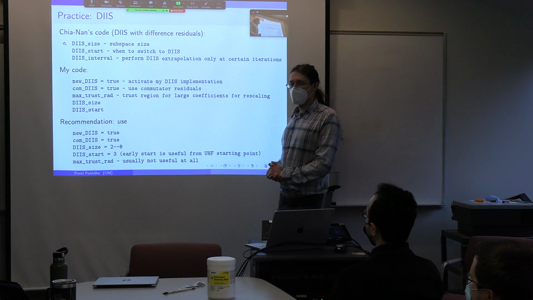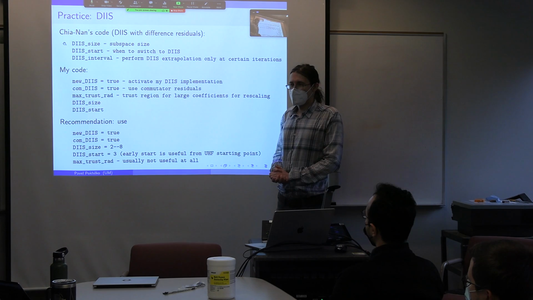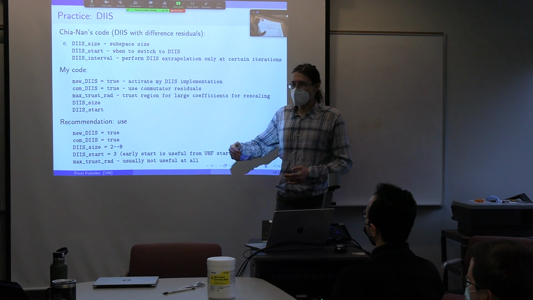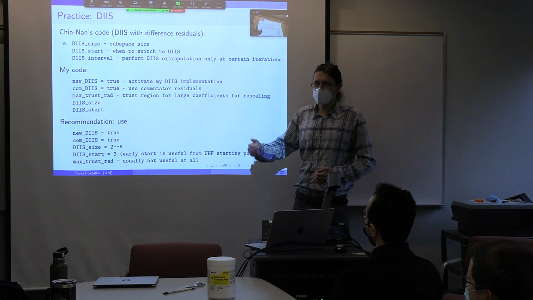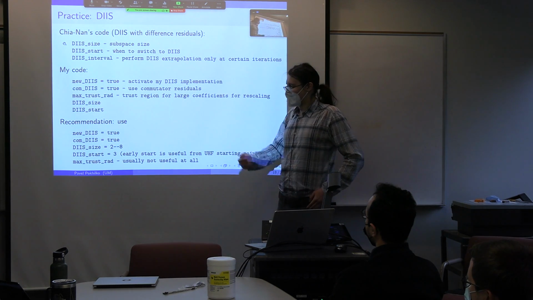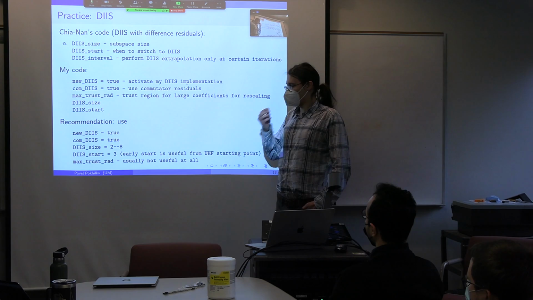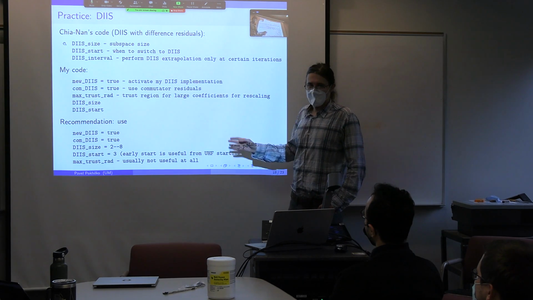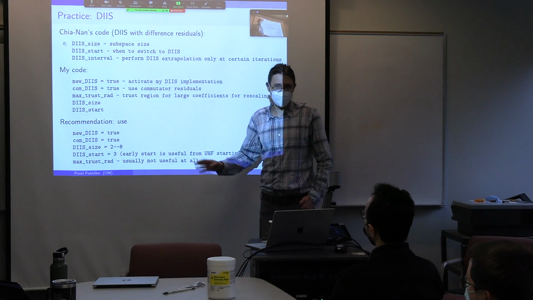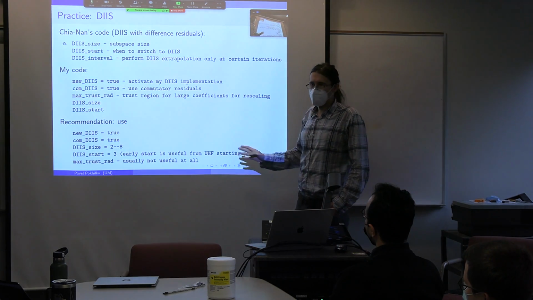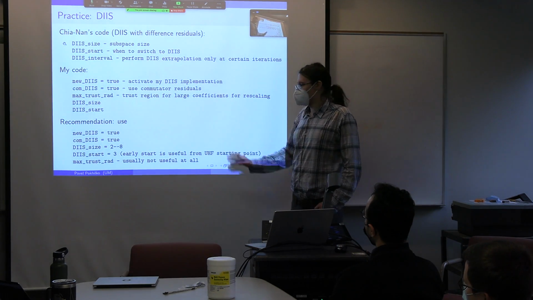But if you have a strongly correlated system, then going to bigger subspace sizes may be necessary, because it will stabilize the behavior of the iterations. But again, it shouldn't be too much. For the nitrogen molecule, just 5 subspace vectors was enough to have a very stable convergence.